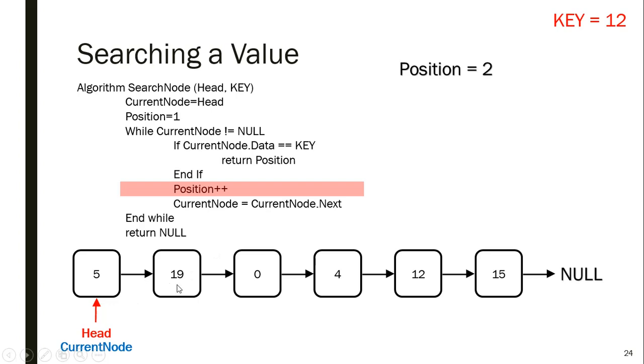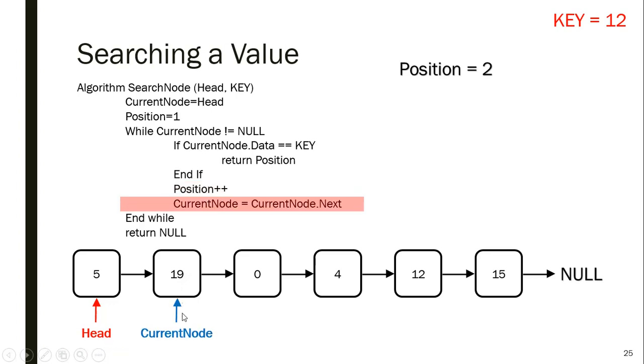Position is now 2, and to correspond to this position, current node will move here. Current node will now point to the address that is current node dot next. Current node dot next contains the address of the next node, so current node will point to 19 now.